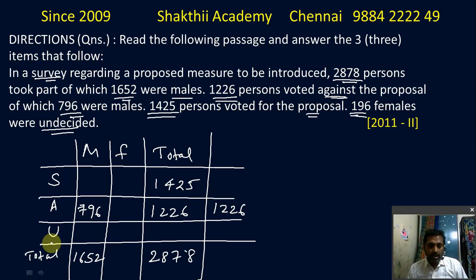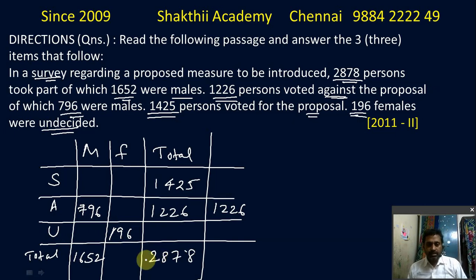So undecided and female, this part. 196 female are undecided. That is what is given here. So all the information that is given in the question part is written. Now we need to adjust and fill it.